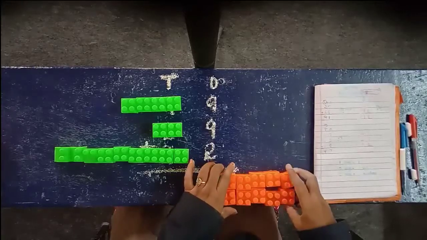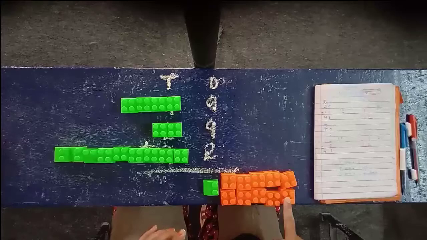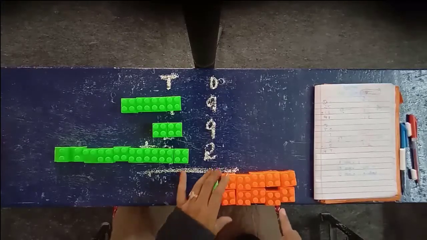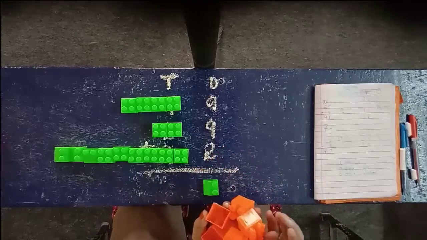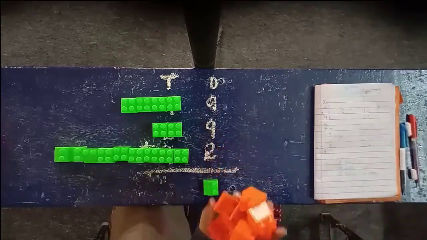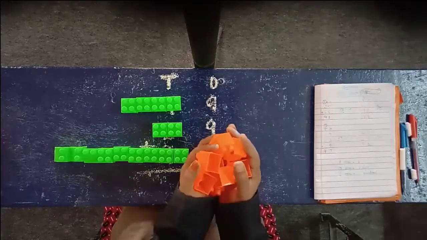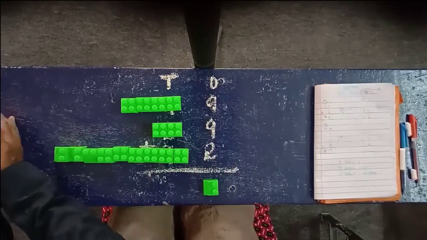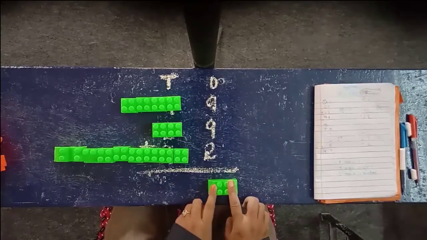Again here we have 1, 2, 3, 4, 5, 6, 7, 8, 9, 10. So again 10 more orange are there, no? Instead of these 10 more orange, you can take one more green here. So here you can see 2 greens.